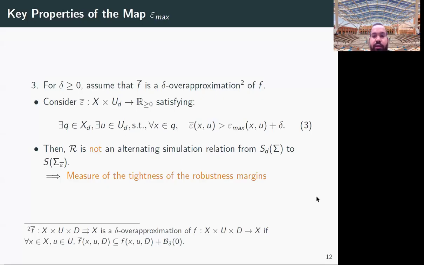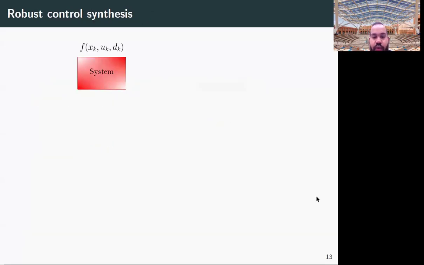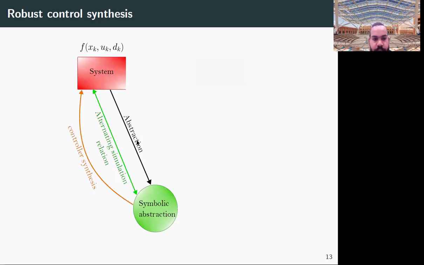So here I will summarize what we have done, and I will explain how with this configuration we can synthesize a robust controller. First we begin with a discrete-time dynamical system, and we construct a symbolic abstraction.